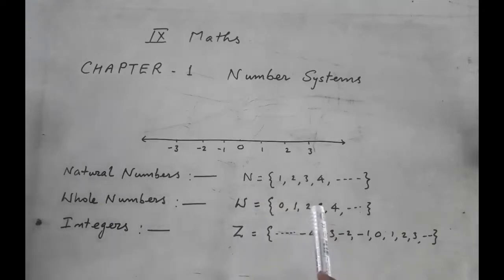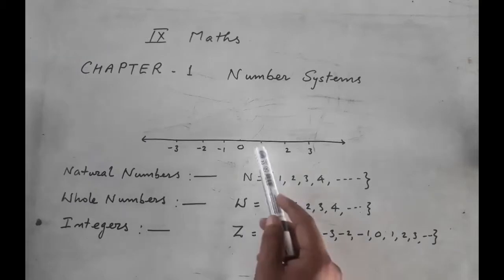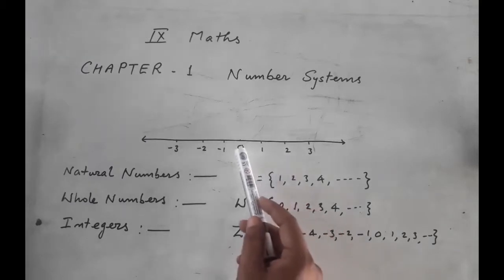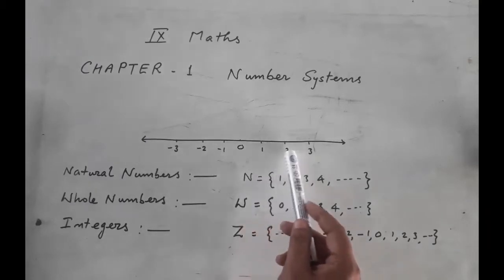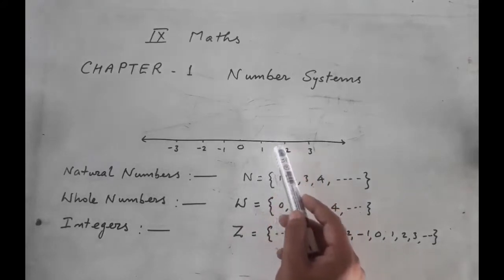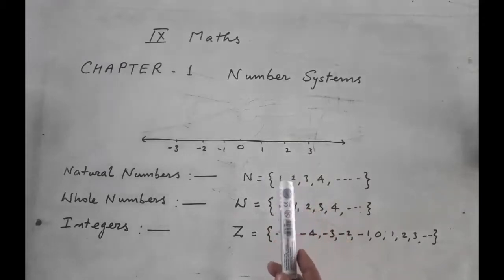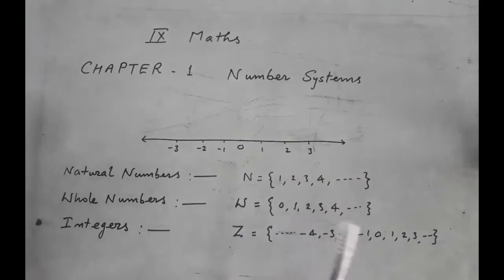Now we discuss that between natural numbers such as 1 and 2, or 0 and 1, there are many numbers.